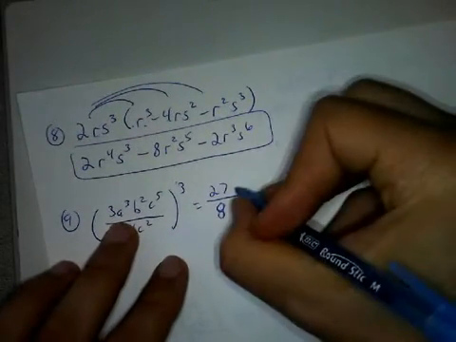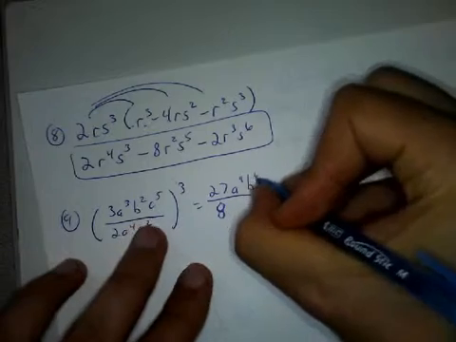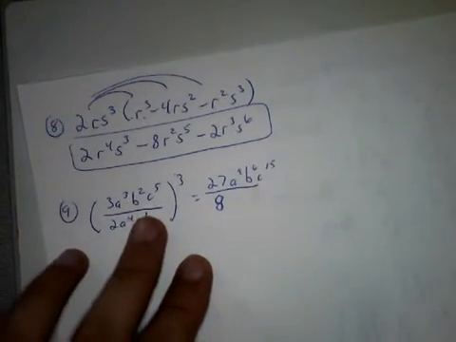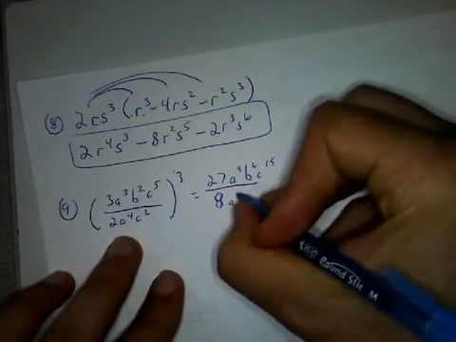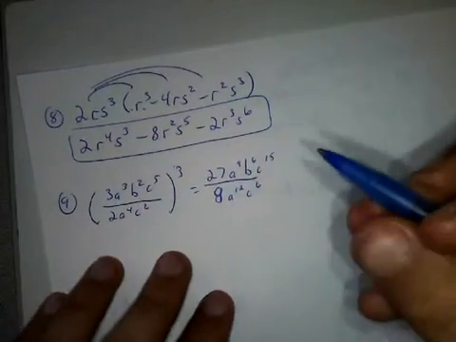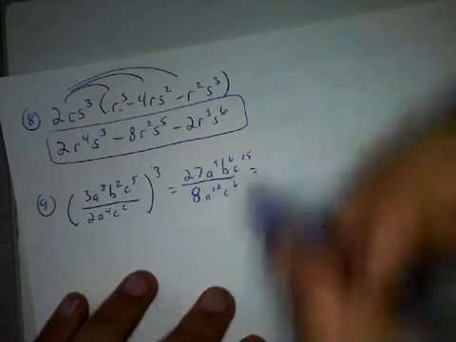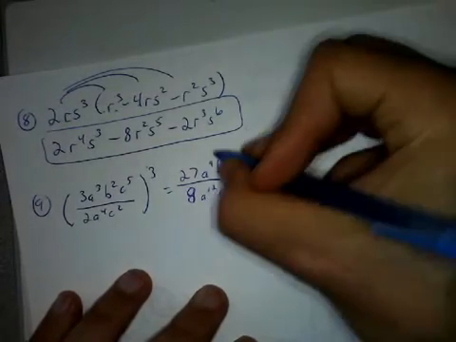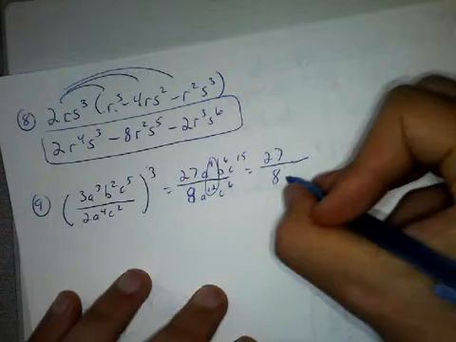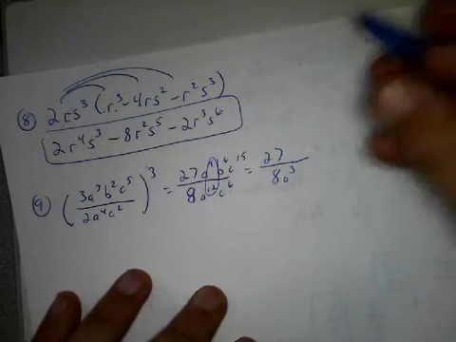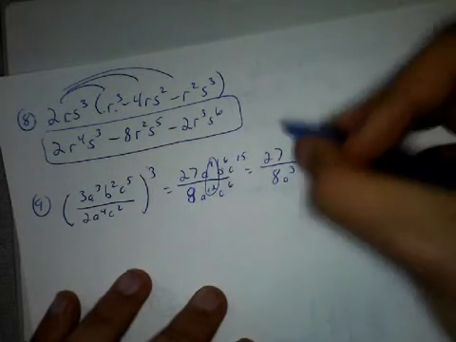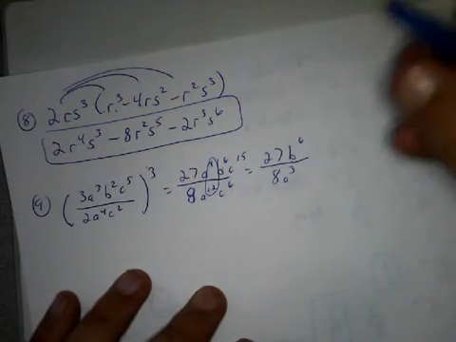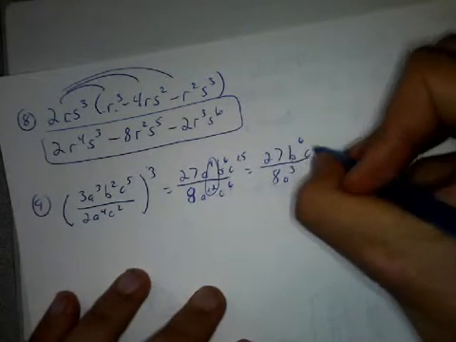The exponents we can multiply, so we get a to the 9th, b to the 6th, c to the 15th. On the bottom we get a to the 12th, c to the 6th. And therefore we get 27 over 8. We can subtract these to get a cubed in the bottom. B's are all up top, and the c's become c to the 9th on top.